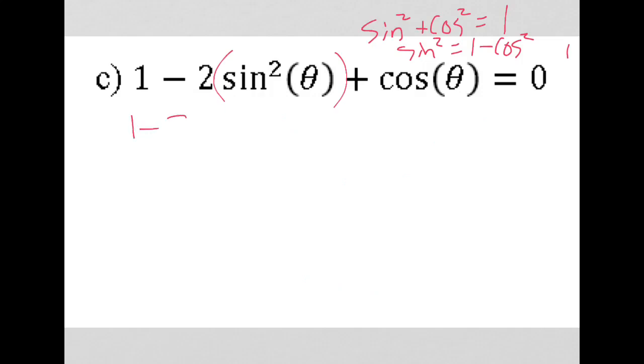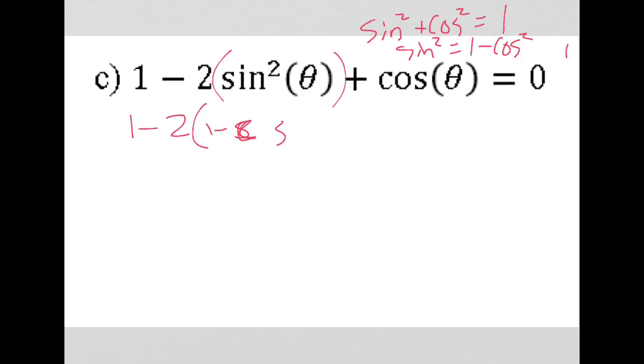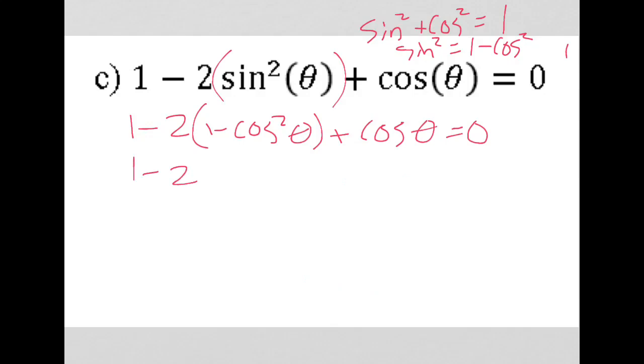So I have 1 minus 2 times 1 minus, sorry, not sine, cosine squared theta, plus cosine theta equals 0. So let's distribute. 1 minus 2 times 1 is 2.